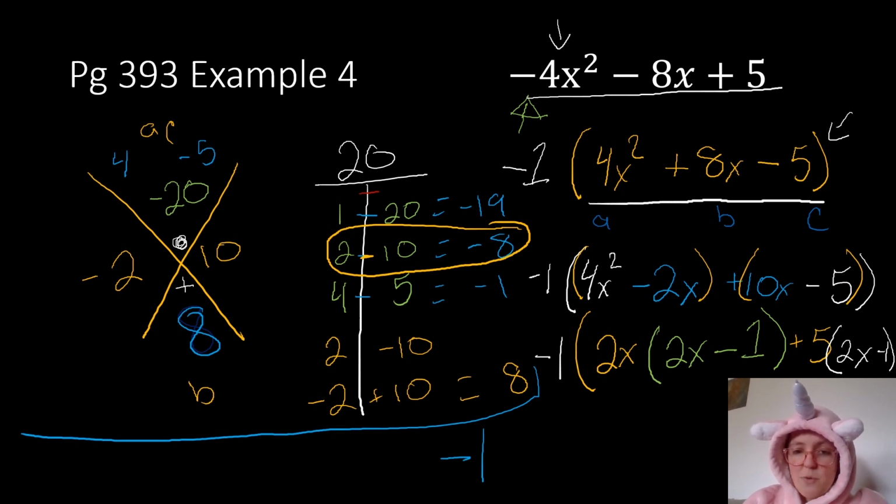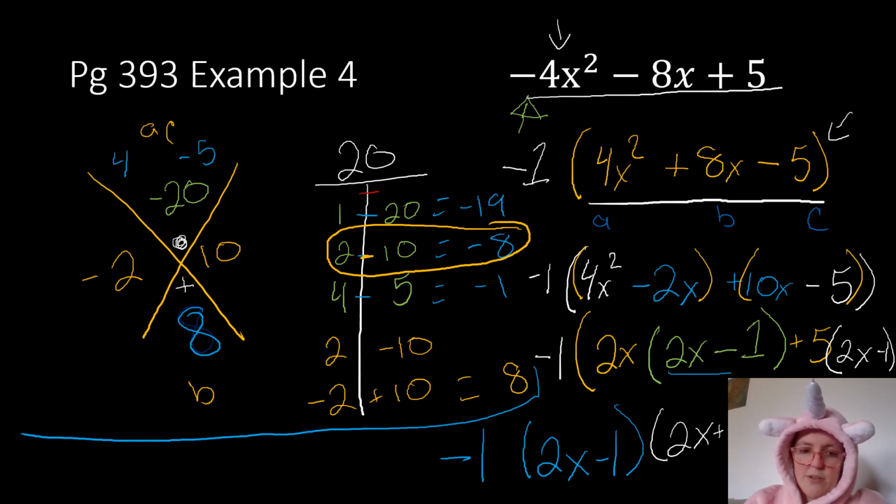So we're going to have our -1, and then we put our guys that are inside, our 2x minus 1, and then we're going to have our guys that were outside, our 2x, and, sorry, I got to change colors. Let me write over the picture. And plus 5.